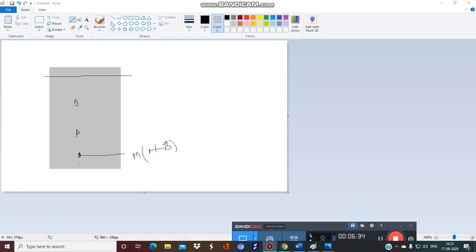Because of the affinity of the components present in the sample, they are separated. In this case, compound A has greater affinity towards the stationary phase. That's why it moves less and has a lower RF value, whereas compound B has greater affinity towards the mobile phase, and so it has a high RF value.